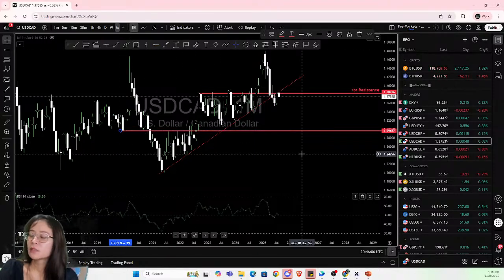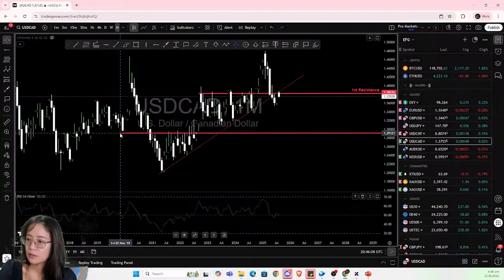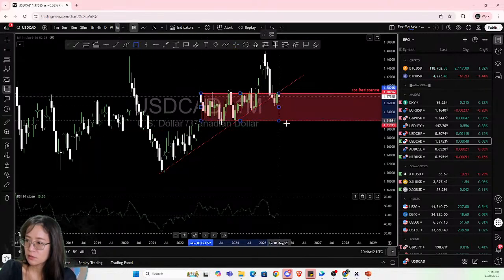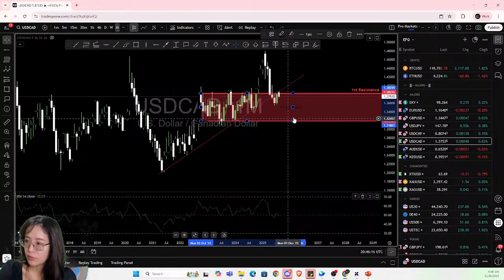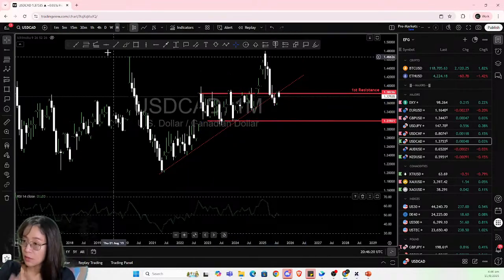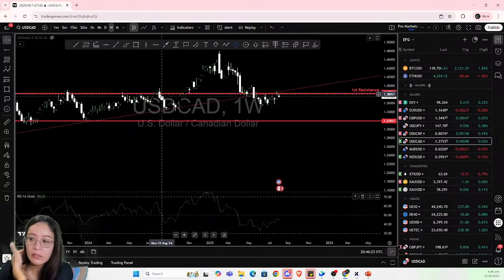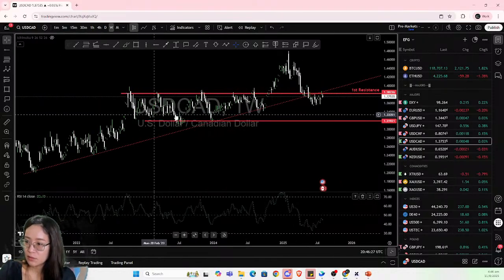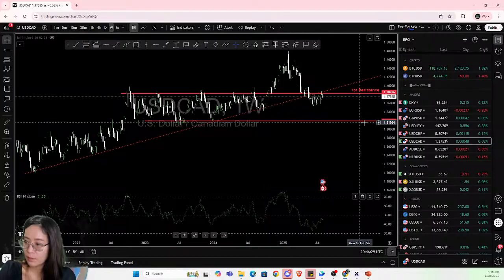The key level here is where price was ranging. Let me go down to the weekly. It was ranging, right? You can see the sideways movement within the box before they break above.